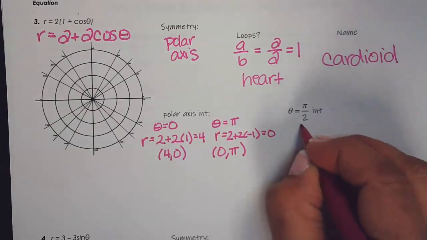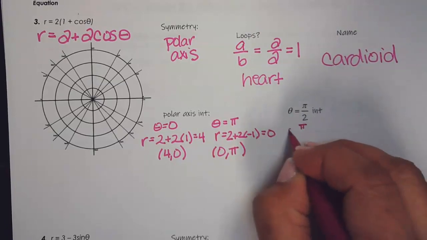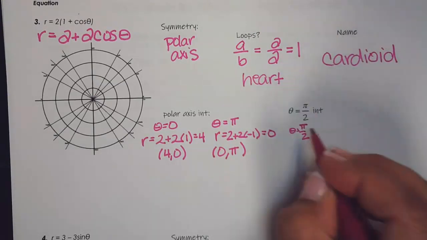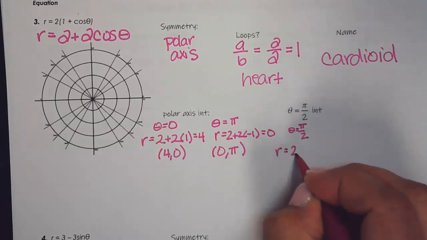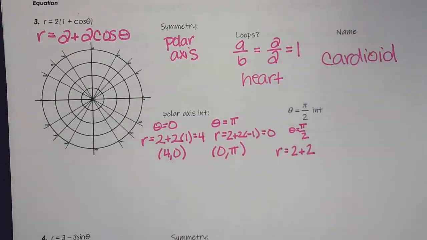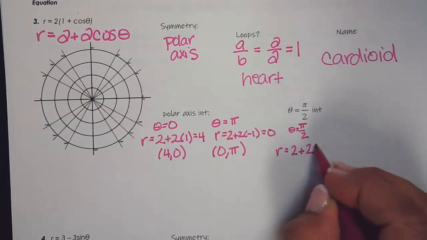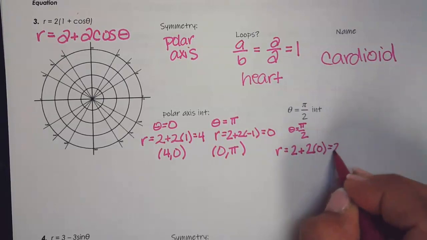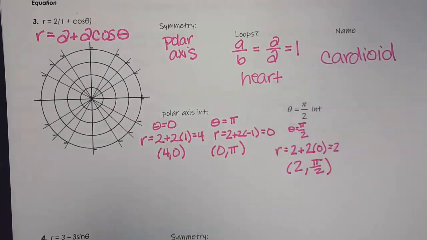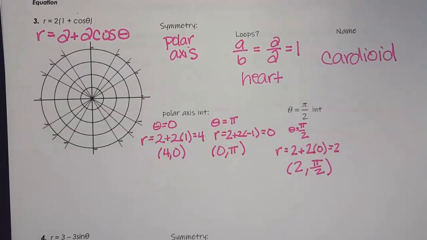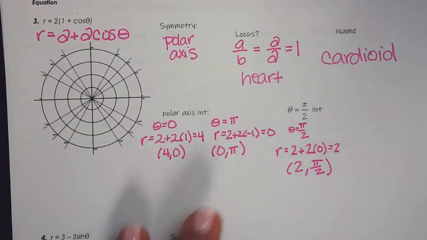For the theta equals pi over 2 intercepts, if I put in theta equals pi over 2, r is going to be 2 plus 2 times the cosine of pi over 2, which is 0. So I'm going to have the point 2, pi over 2. And once you get used to this, do you guys see that there's always going to be one pair of intercepts that have that symmetry to it?